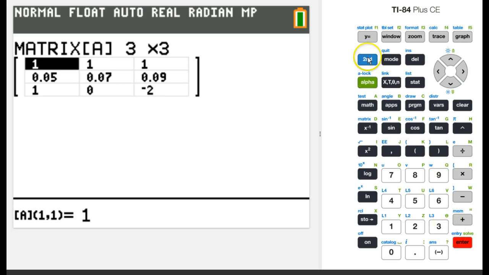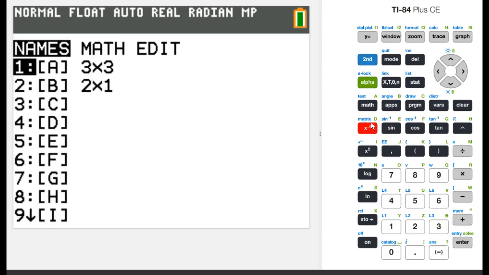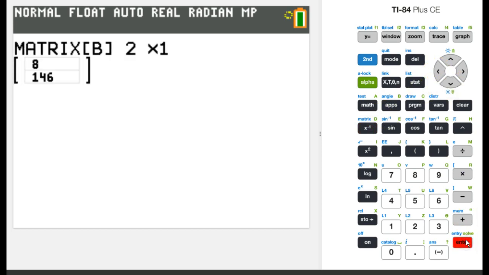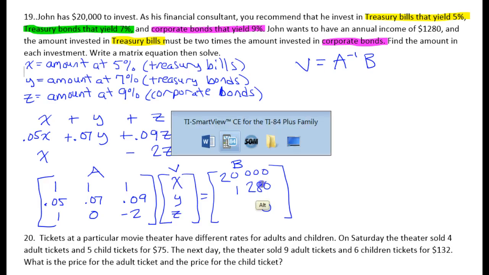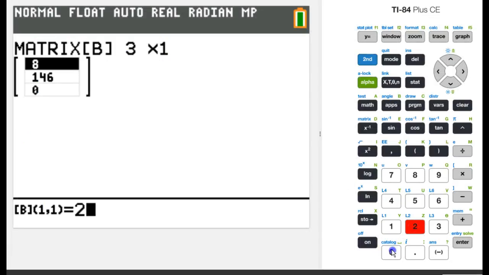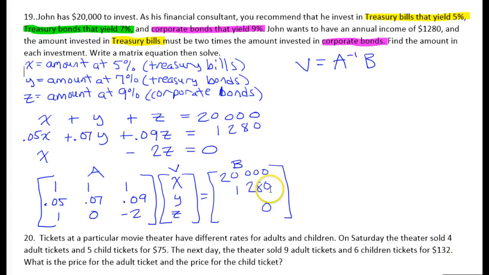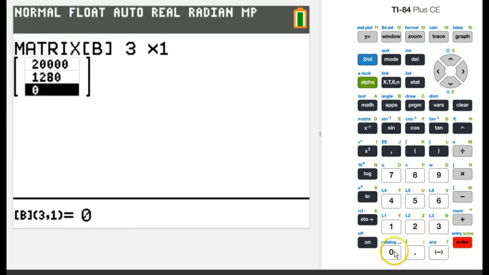So there's matrix A. Let's quit our way out of this, get back to the matrix area, go over to edit, this time matrix B. This is going to be a 3 by 1 matrix. Alright, 20,000, 1,280 and 0.